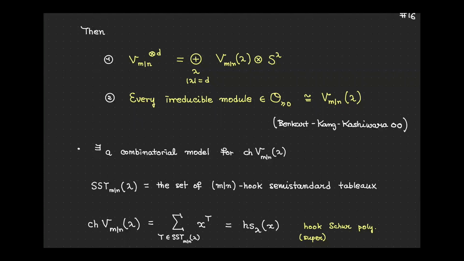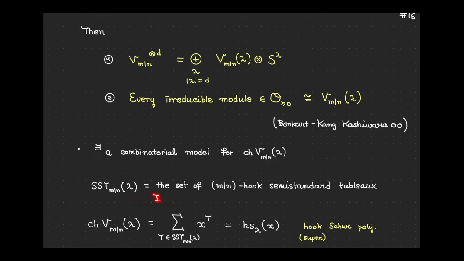Maybe this notion was first introduced, I'm not quite sure, by Berele and Regev. So anyway, we can think of (m|n)-hook semistandard tableau. That means it is a semistandard tableau where the alphabet is from our index set, and this index set is Z_2-graded. For the degree 0 entries, they satisfy the usual semistandard rules when we define the Young tableau.